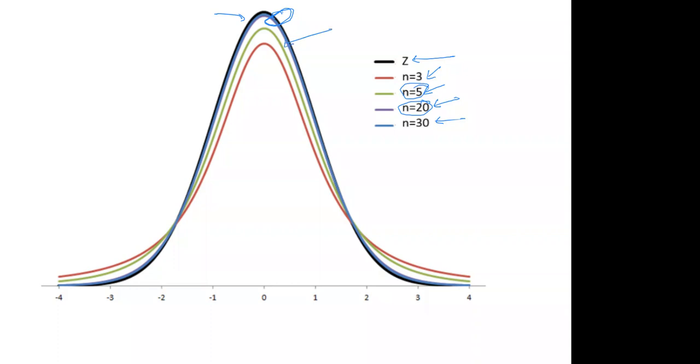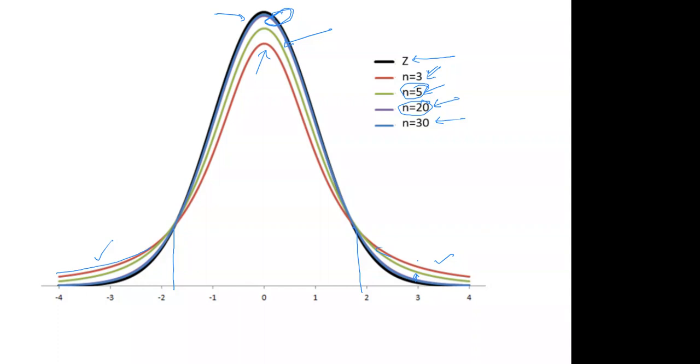And the difference between this and the standard normal distribution is the tail, right tail and the left tail. In the right tail and left tail, you have more data points, okay? You have more data points for the t distribution. That's why it's above the normal distribution, okay? And for n equal to 3, you can see the red one. It has even more data points here. So that is the comparison I want you to remember.